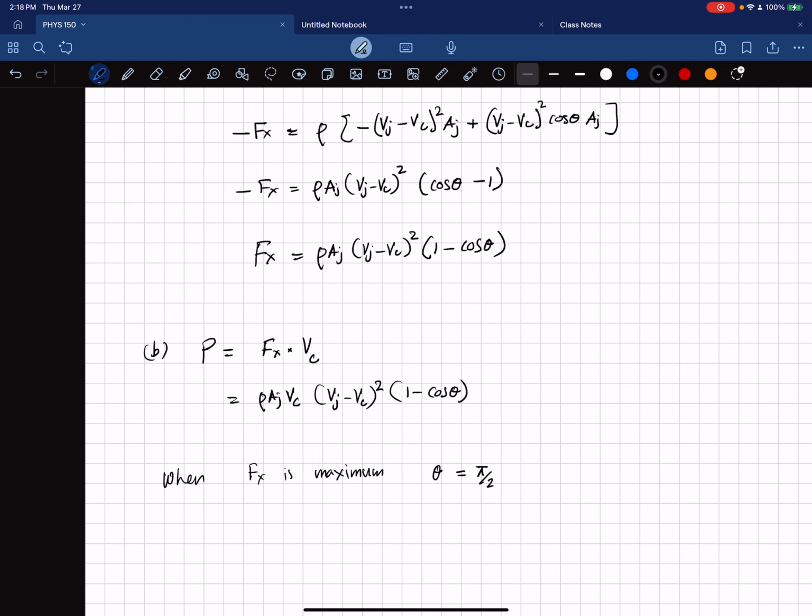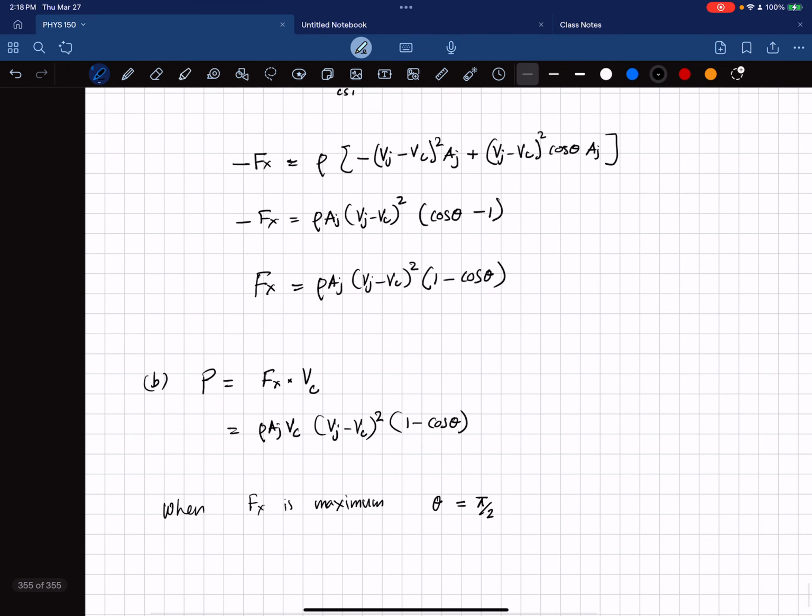So if it is pi over 2, then Fx is maximum. Oh, okay, so we need to find the cart velocity when the force is maximum.